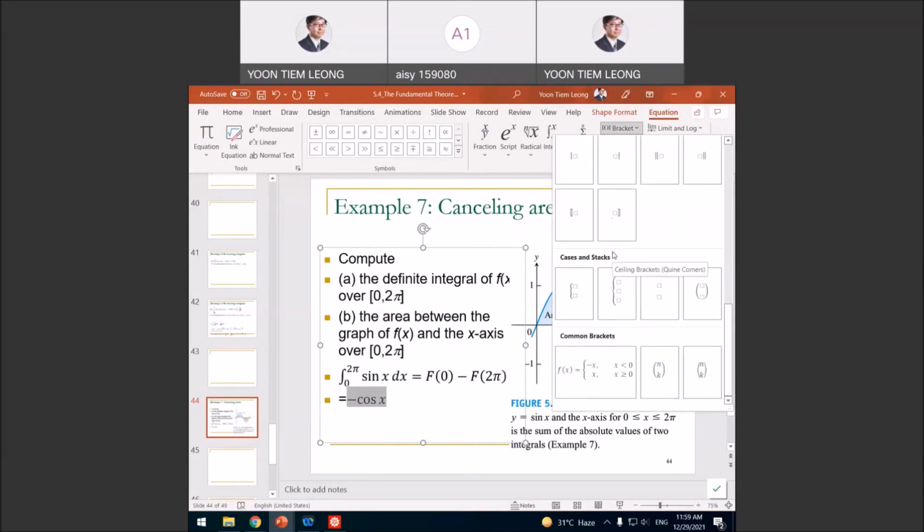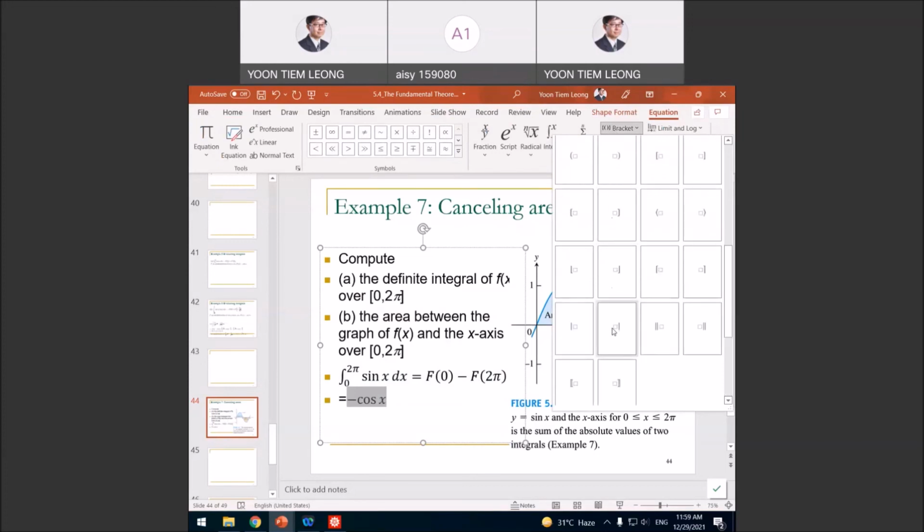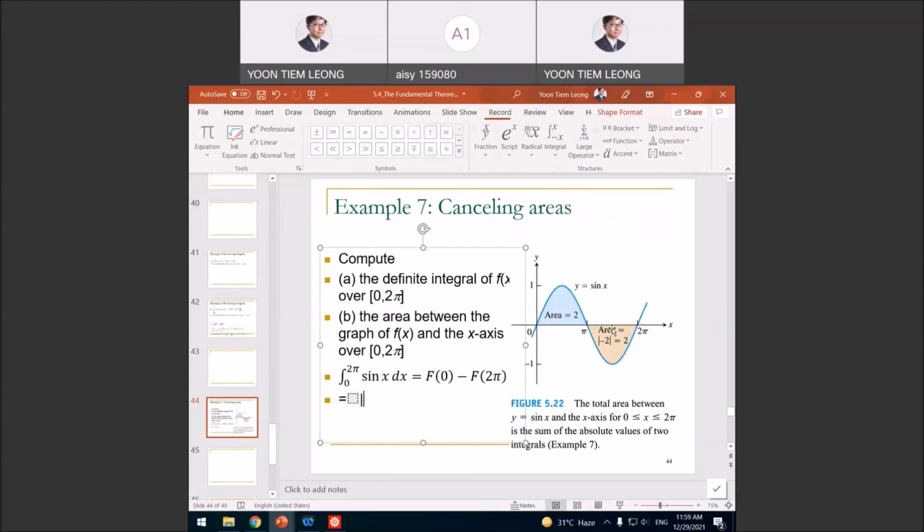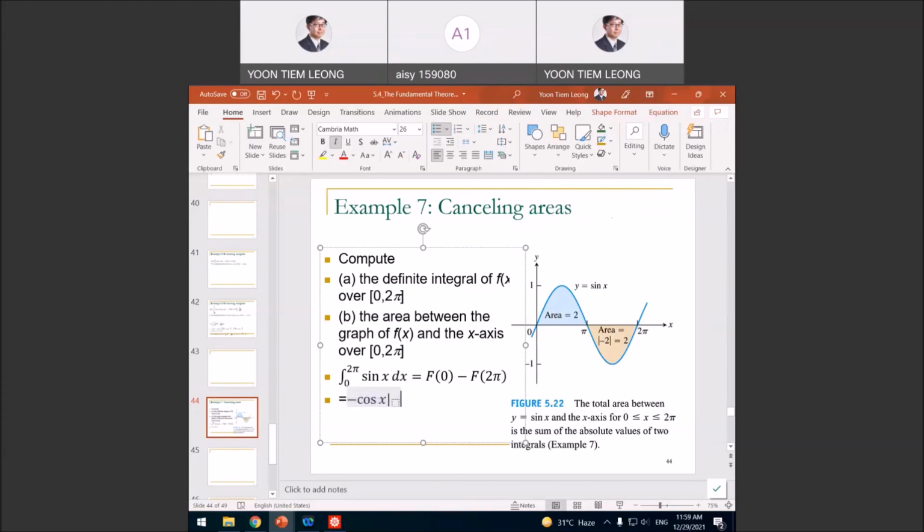So you have minus cos x evaluated at 0, and then minus the antiderivative evaluated at 2 pi. And then you have a minus sign coming from the antiderivative, so you have a minus, then you have a plus sign here. So I have to have a plus sign. That would be the way I'm going to evaluate it.